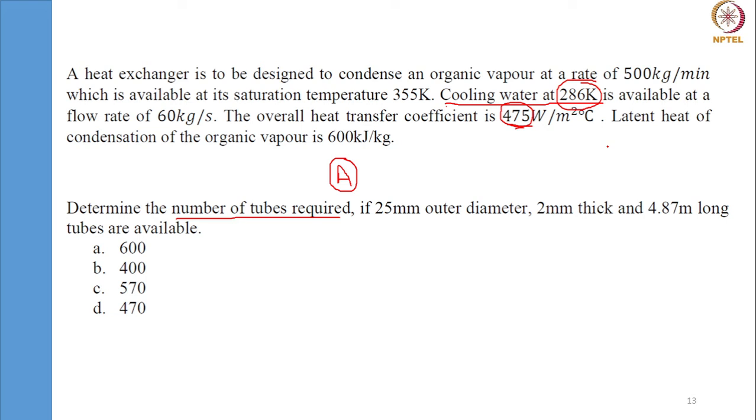Right. Maybe the units are also important again. This is 500 kg per minute and this is 60 kg per second.